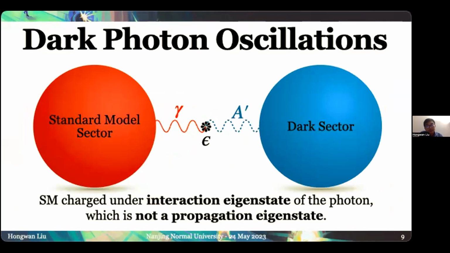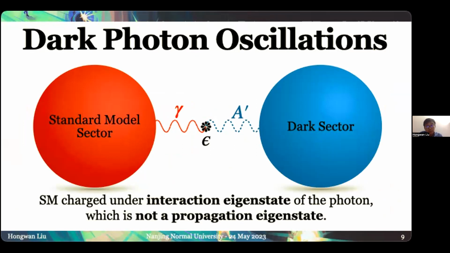Yeah, so there was a very nice paper by a bunch of people at Minnesota, including Maxim Pospelov, where they investigated all of the different ways in which you could generate epsilon.